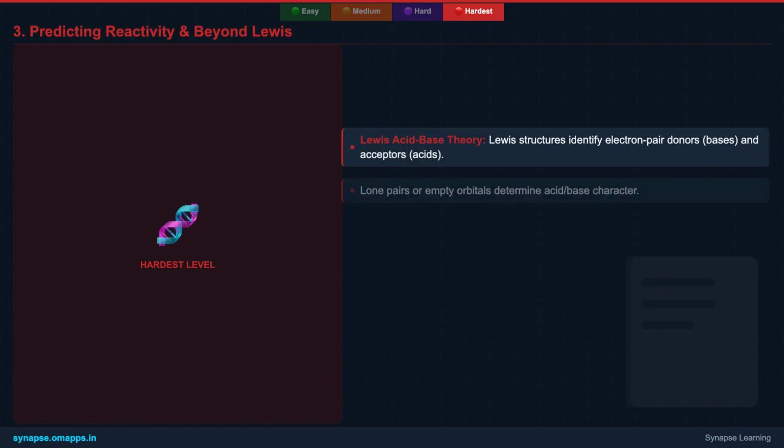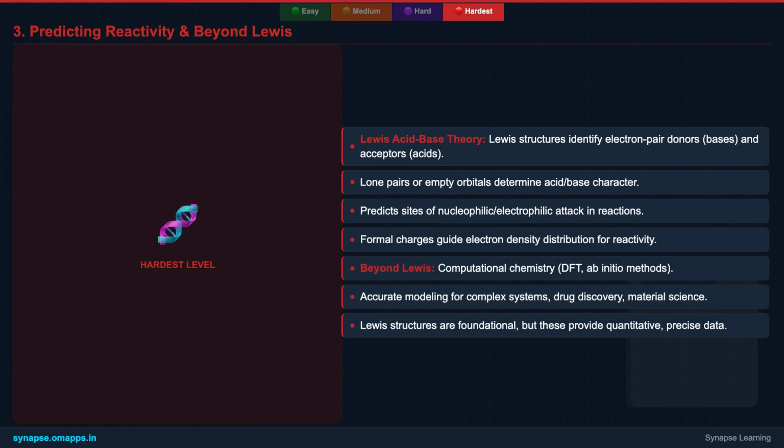Lewis structures are also powerful tools for predicting chemical reactivity, especially in the context of Lewis acid-base theory. By identifying lone pairs and areas of electron deficiency, we can predict which sites will act as electron donors, Lewis bases, or electron acceptors, Lewis acids.